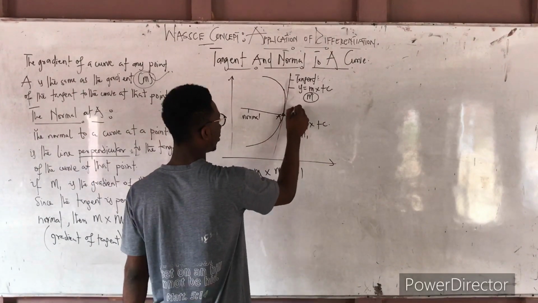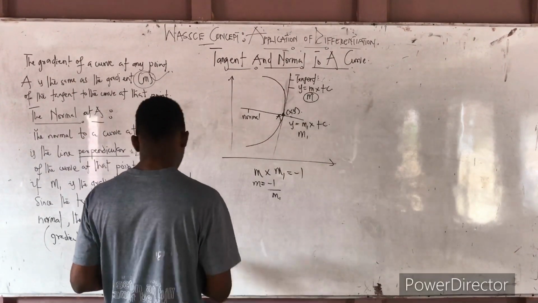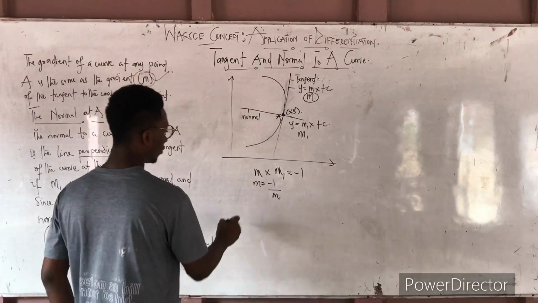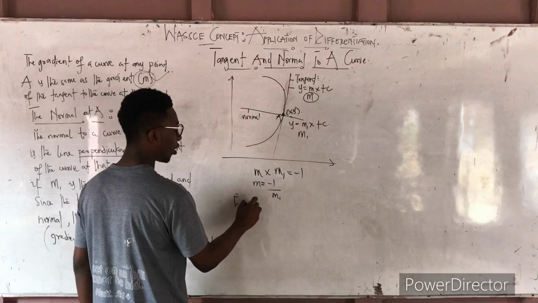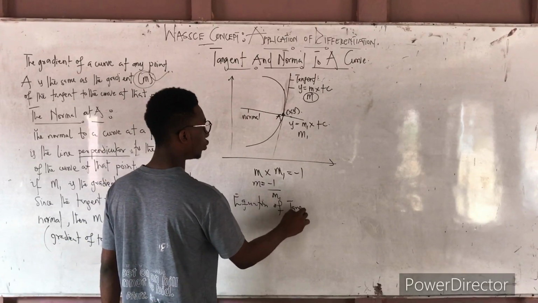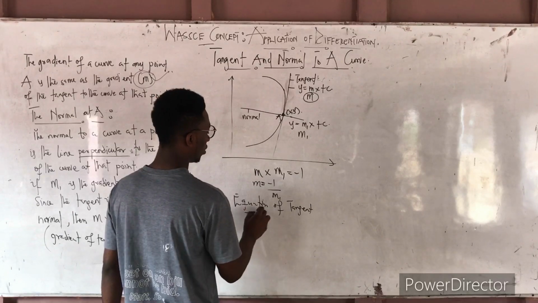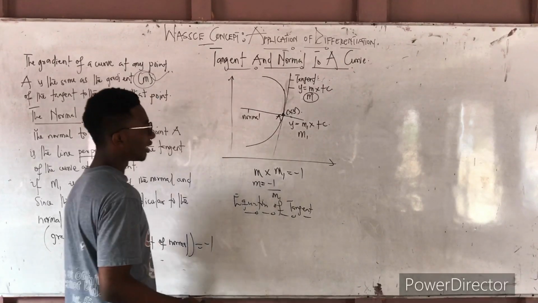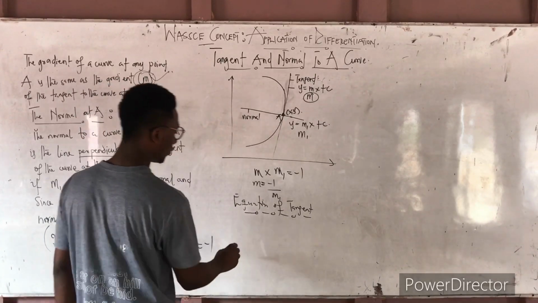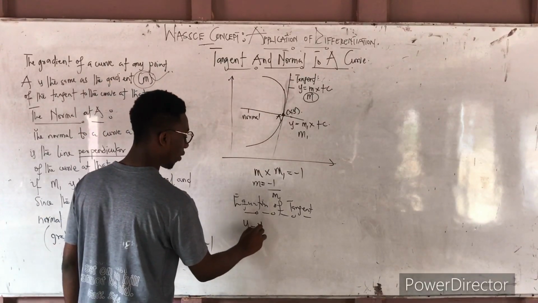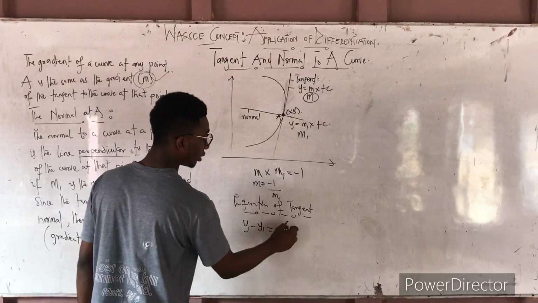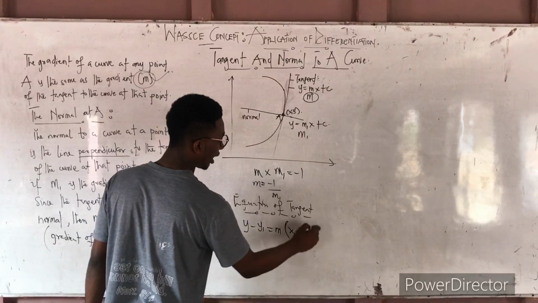So let's say this point here is (x, y). Now, the equation of the tangent to the curve at point E, or the tangent equation to the point A on the curve, simply becomes y - y1 = m(x - x1).